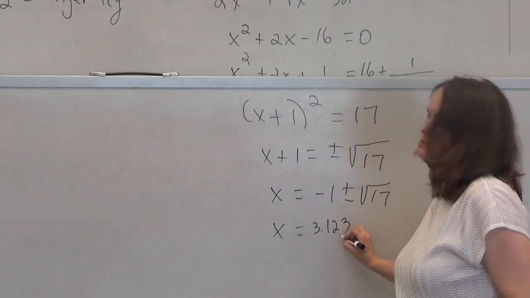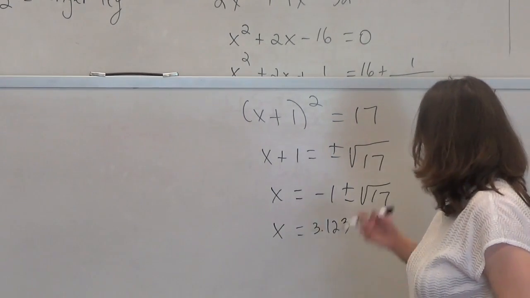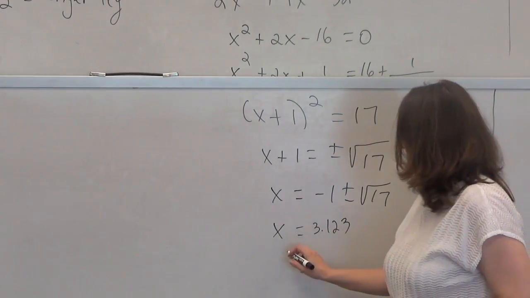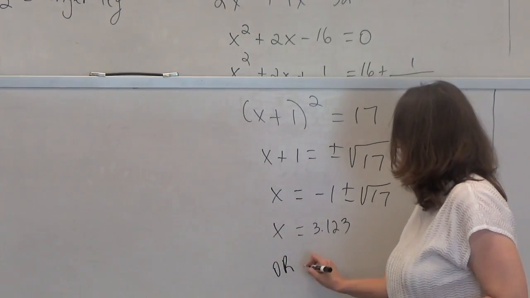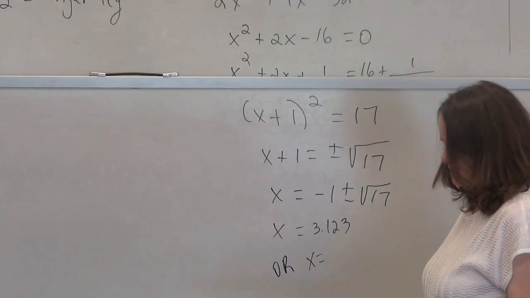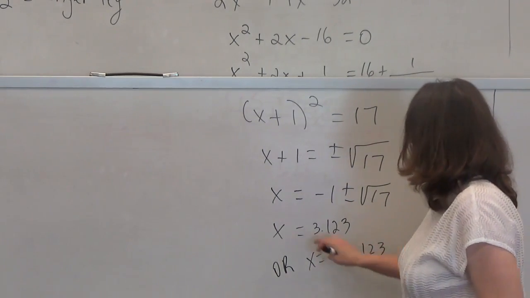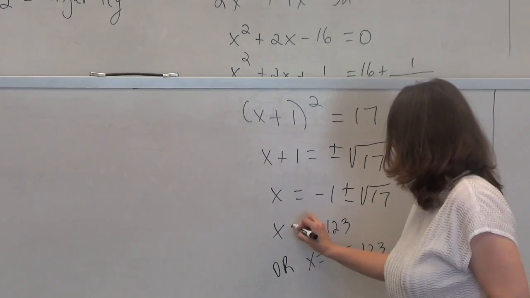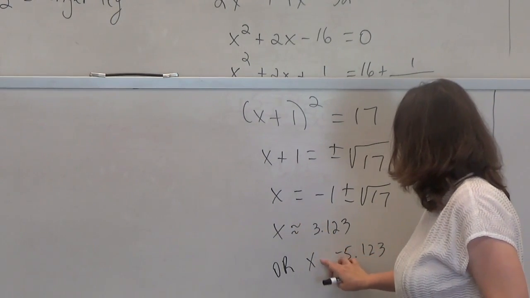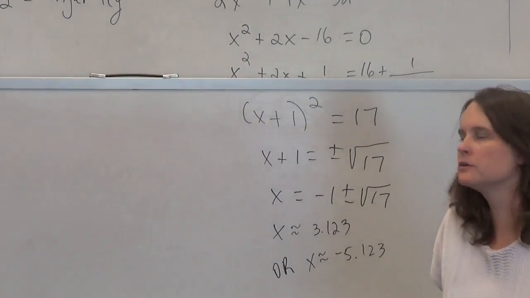Again, the problem was not specific about how to round my answers or how far to take my decimal places, so I just did 3 decimal places. Or, when I subtracted -1 minus square root 17, my answer was -5.123. These are really approximations. They're not exact because these are irrational numbers. So we'll just say they're approximately those values.